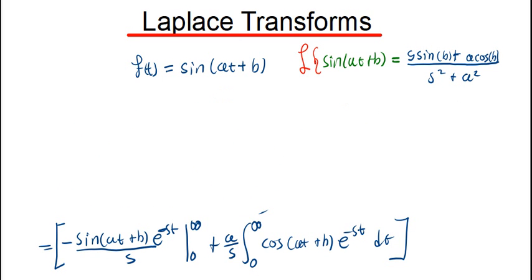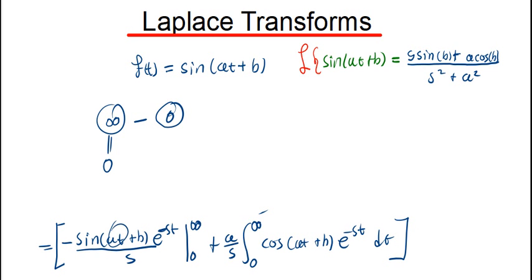So this one, when you put infinity, we observe that you're going to get a 0. That would be minus, so substitute infinity, then minus, substitute 0. When you substitute infinity, we get a 0, because regardless of whatever it is, comparing the behavior of this function and that function, this one goes to 0 faster.